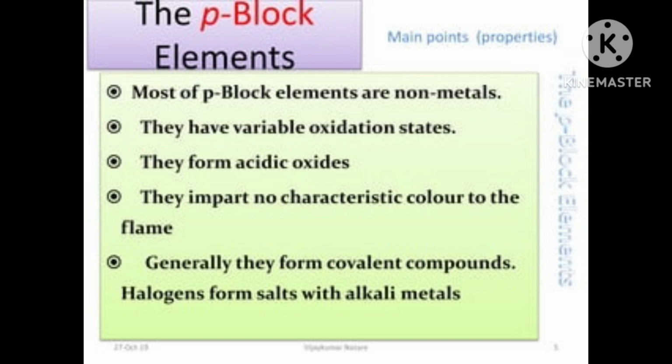In a general way, non-metal oxides are acidic or neutral, whereas metal oxides are basic in nature. Always keep in mind, metals want to lose electrons, so they form basic oxides.